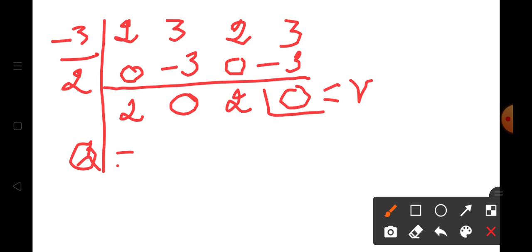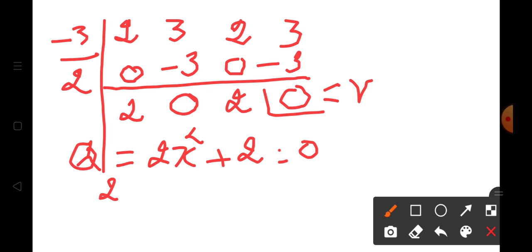Then what is the quotient? That is q of x equal to 2x square plus 0x. We don't write this 0. So 2x square plus 2. Now we are going to get the other two roots. Q of x equal to 0, that is 2x square plus 2 equal to 0. Then 2x square equal to minus 2. Then x square equal to minus 1.